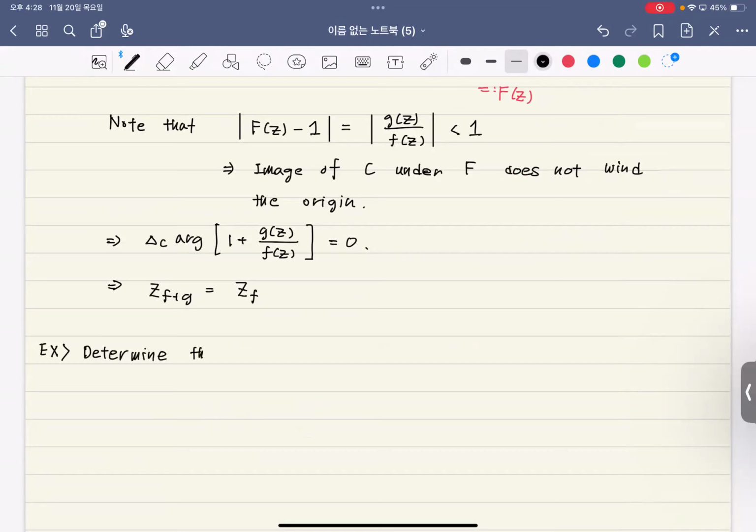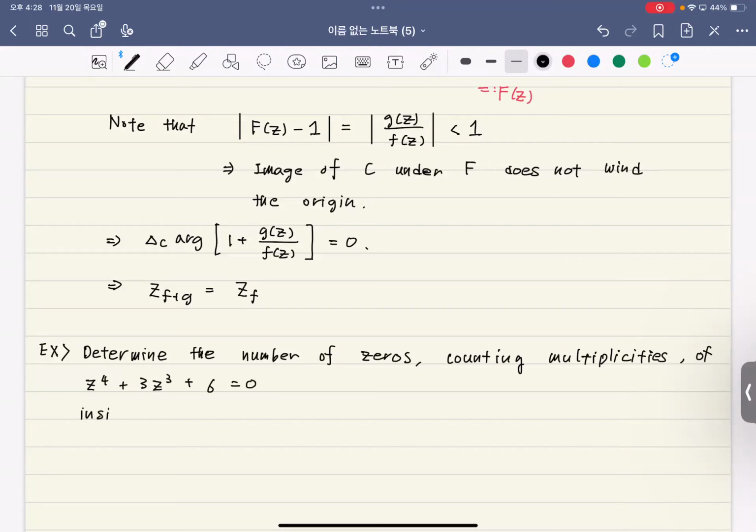Count the number of zeros, counting multiplicities, of z to the fourth plus 3 times z cubed plus 6 equals 0 inside this curve.